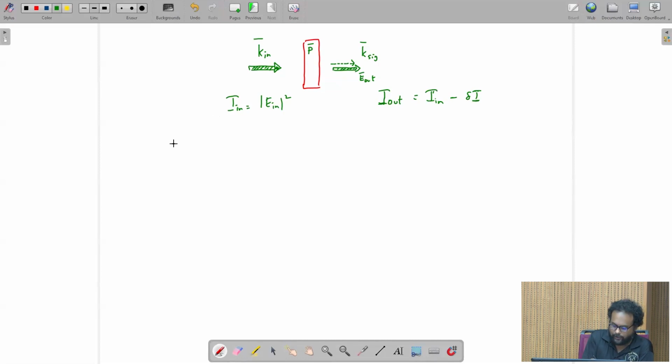I know my absorption, Lambert formalism, is minus logarithm of I out over I in. I am doing this because you might have seen this form already, so it makes it intuitive for you to work through this.